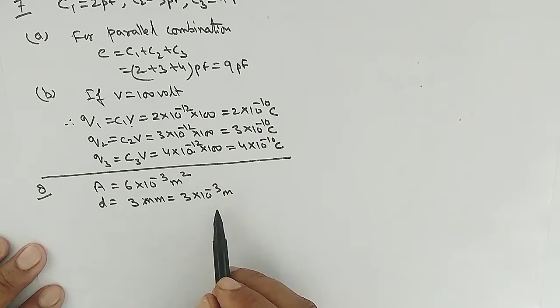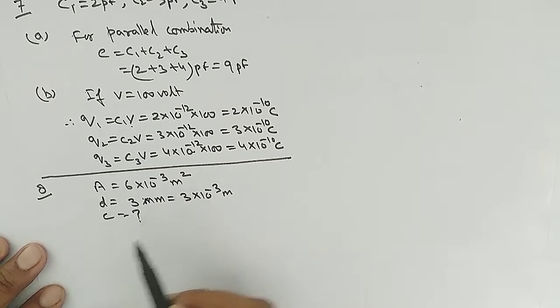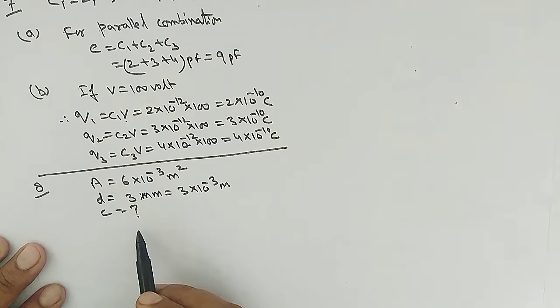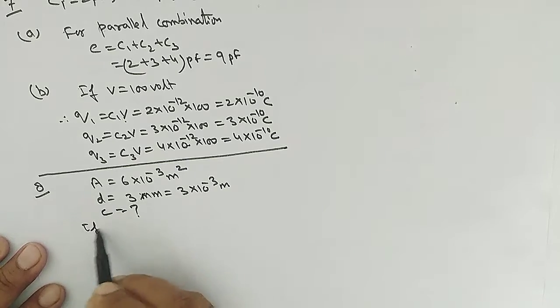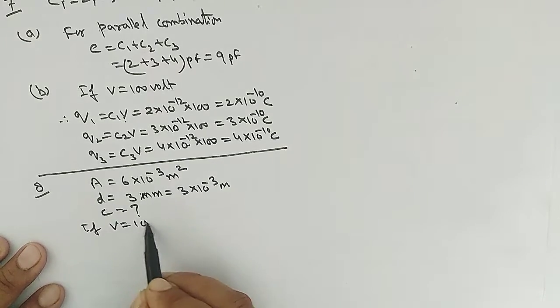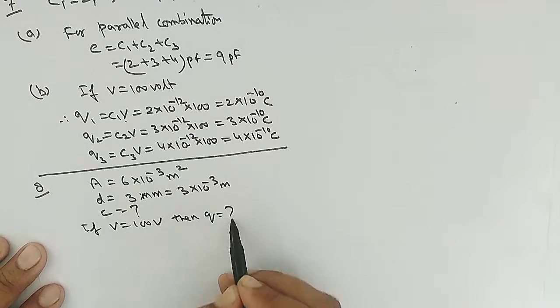Now calculate the capacitance of the capacitor, C, you have to find. If the capacitor is connected to a 100 volt supply, what is the charge on each plate? In the next part, if V is equal to 100 volt, then what is Q in that case?